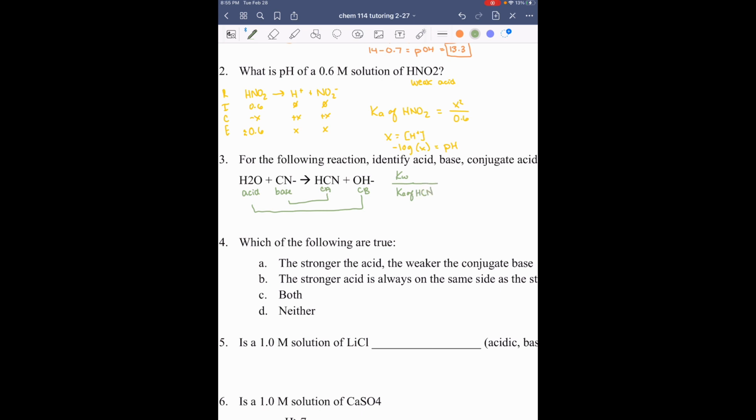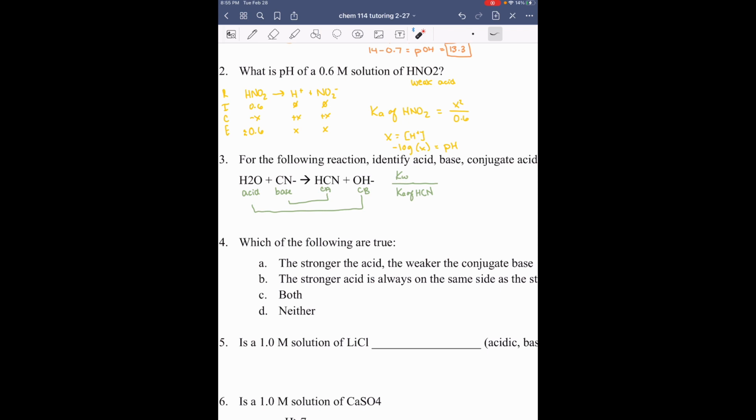Because remember, when I have an acid going to its ions, it's normal Ka. But if I have an acid over on the product side, so ions going to acid, that's going to be 1 over Ka. And then Kw goes with H2O becoming, it's the autoionization of water. So it'd be water going into its ions, hydrogen and OH. So this would be our Kw normal because it's water going to that.